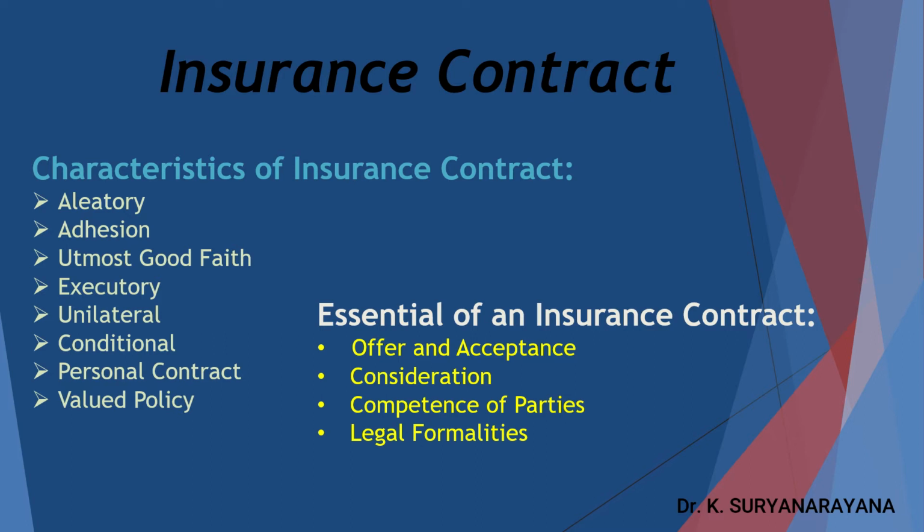Okay. Next, unilateral. Insurance contracts are unilateral. The insured performs the act of paying the policy premium, and the insurer promises to reimburse the insured for any covered losses that may occur.